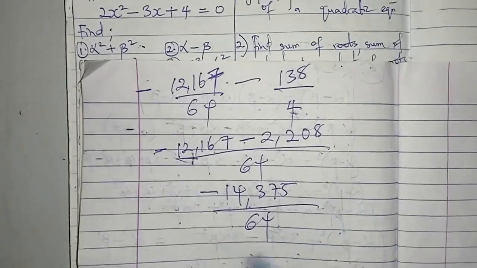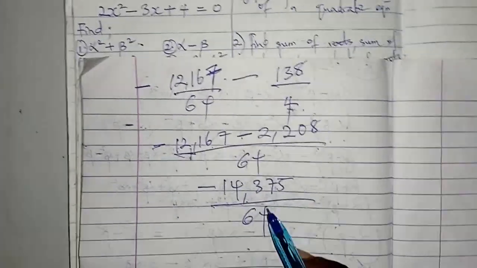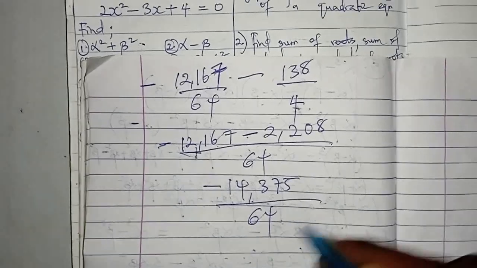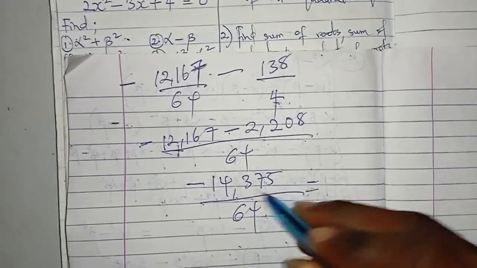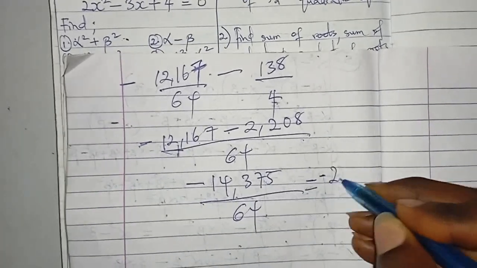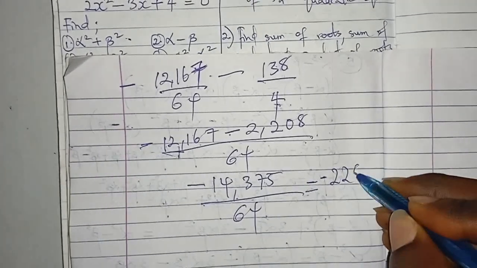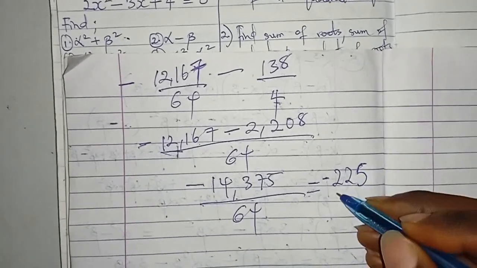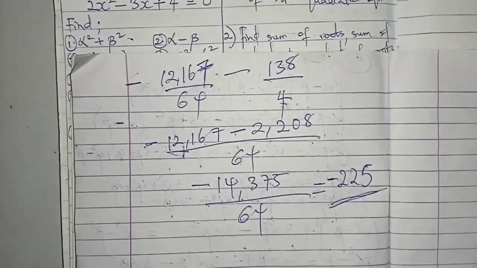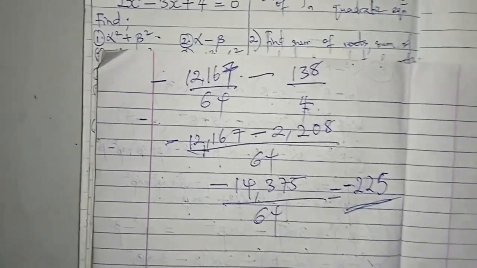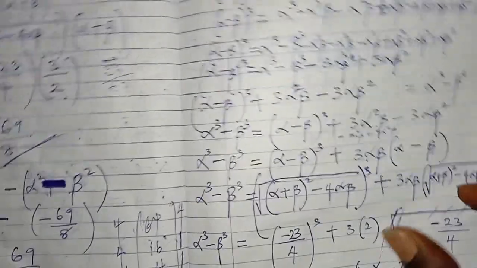Okay, so I can leave my answer like this. So 14,375 over 64, or I can say that this is equals to minus 225. So whichever way you want to do it. But remember that what brought us to this is this.